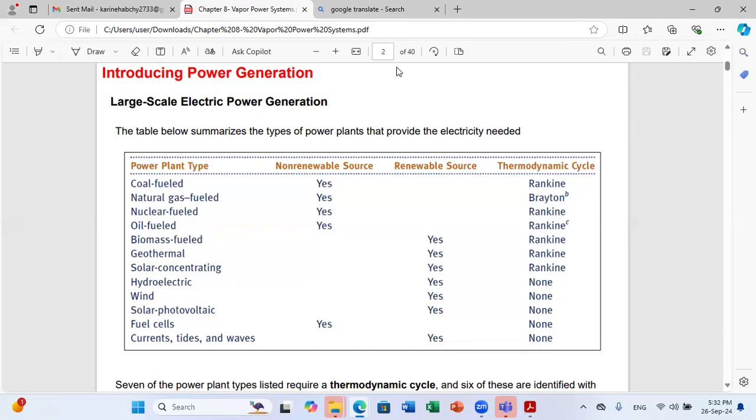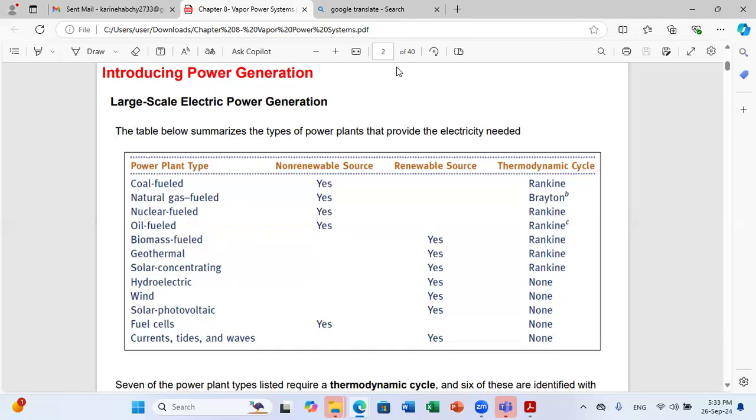That's why it's very important to introduce the main concepts of thermodynamics that we'll use in order to calculate efficiencies, in order to study the performance of renewable and non-renewable systems.